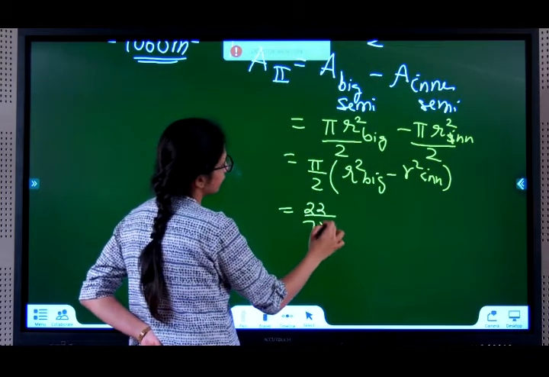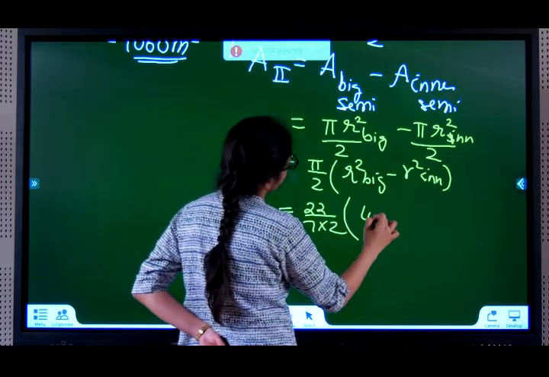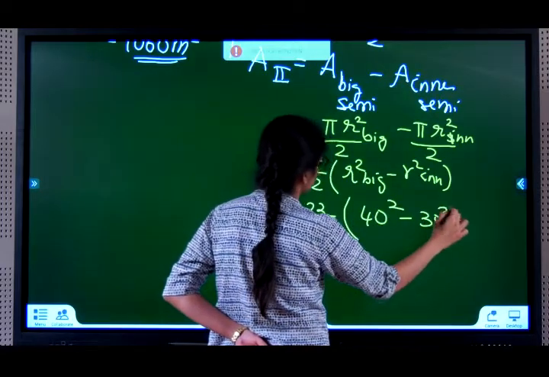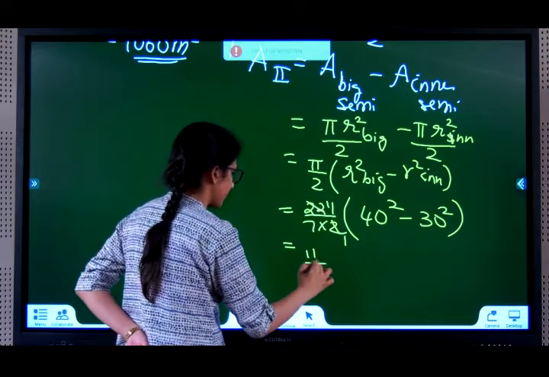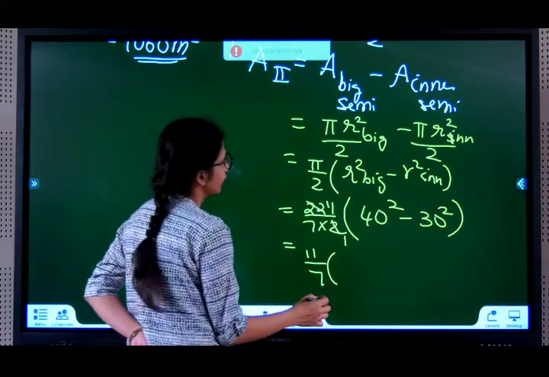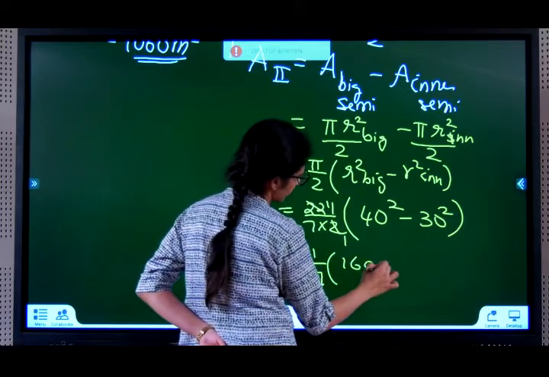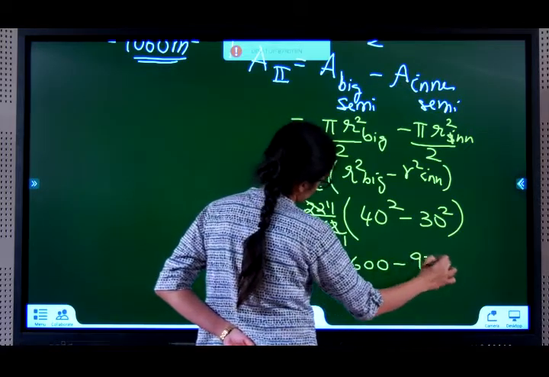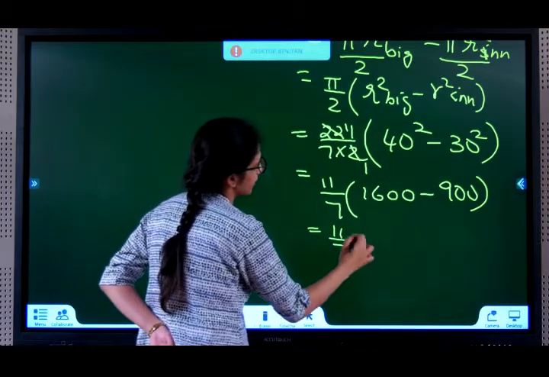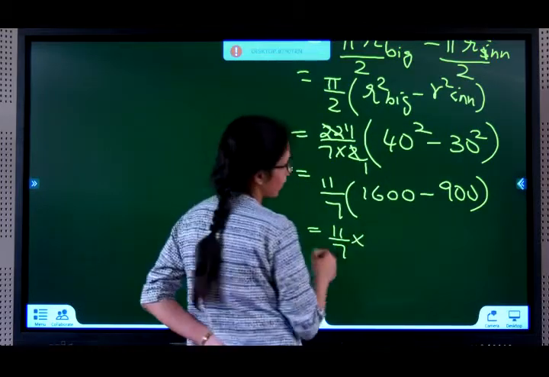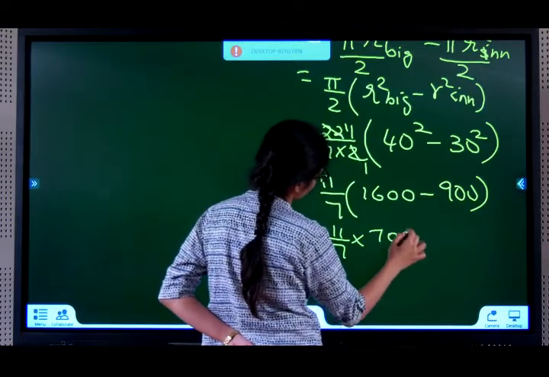22 by 7 into 2, 40 square minus 30 square. 2s are 11s are. 11 by 7 into 40 square 1600 minus 900. 11 by 7 into, how much is this? 700, right?